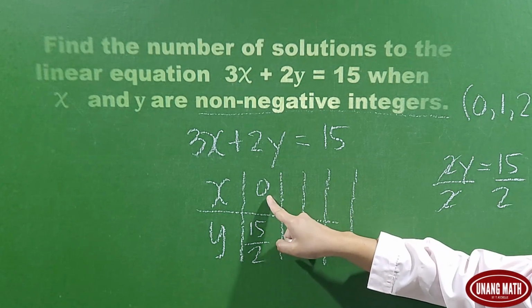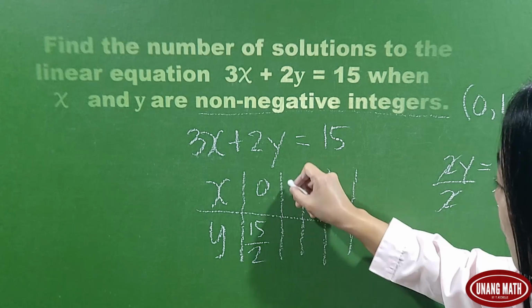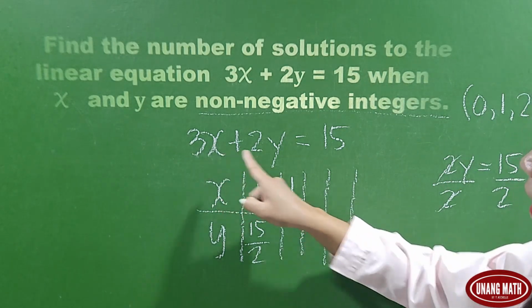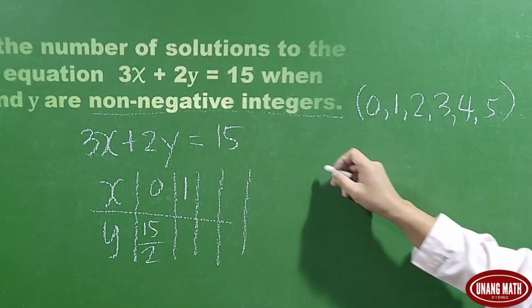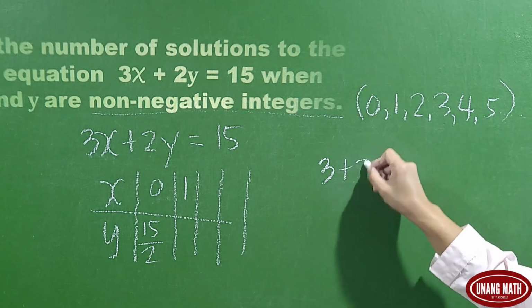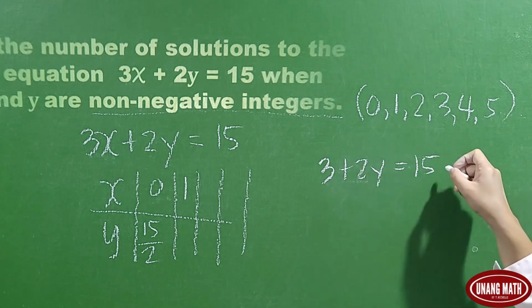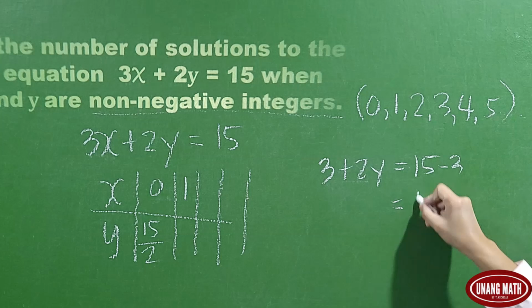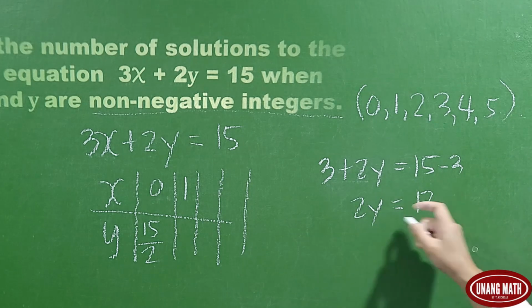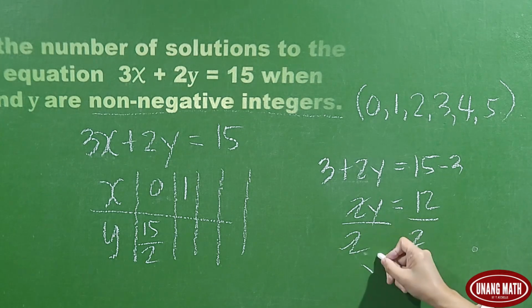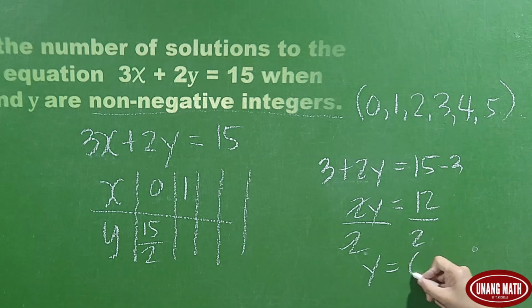What about if x is 1? If x is 1, then 3 times 1 is 3. So we have 3 plus 2y is equal to 15. 15 minus 3 is 12, so 2y is equal to 12, and to find y, divide both sides by 2. So y is 12 divided by 2, which is 6.